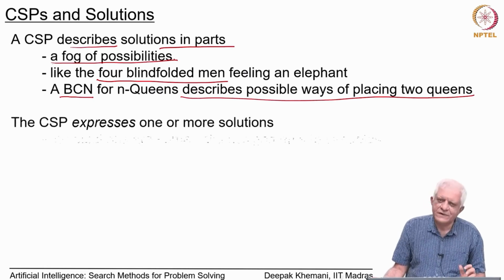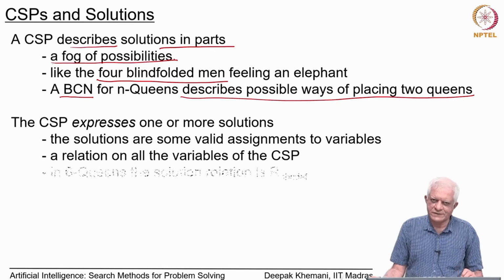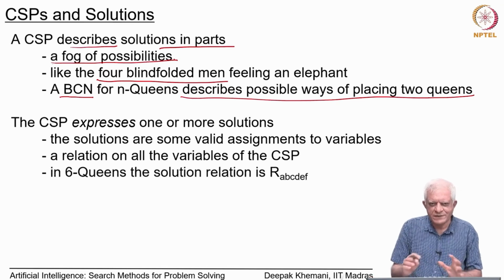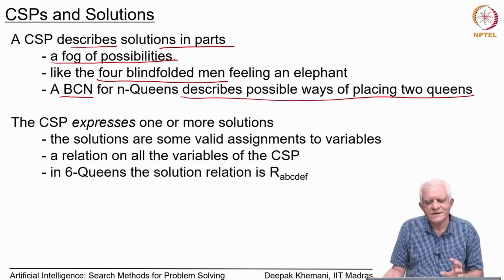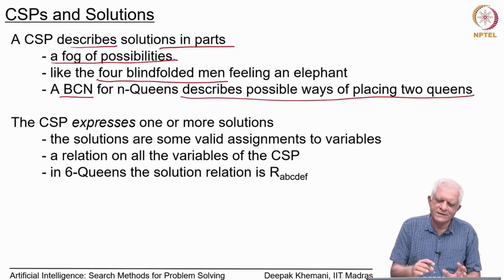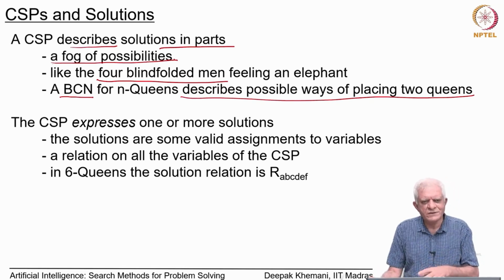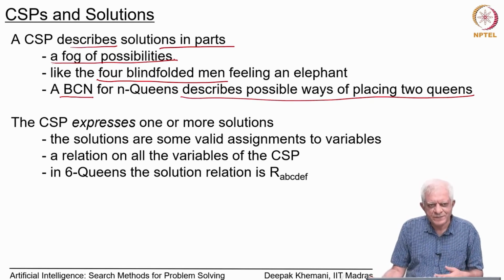Then we have said that a CSP expresses one or more solutions, that somewhere hidden in the fog are our solutions. It may be one solution or it may be more than one, but if you were to solve the CSP, then you could get one of those solutions. In some sense the original CSP also expresses those same solutions, because those are the only solutions to that CSP.